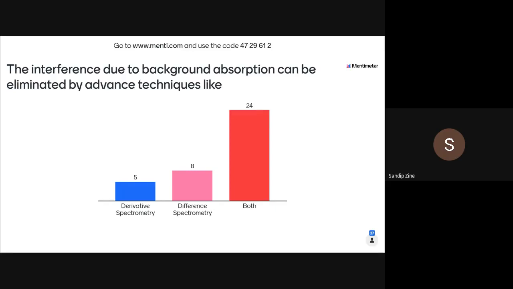So in derivative spectrometry, a mathematical derivative of the absorbance with respect to the wavelength of radiation is calculated by the instrument itself, isn't it? We are mentioning graphical output is absorbance versus wavelength, but when we go for the derivatized one, we will get a mathematical derivative of the absorbance with respect to the wavelength of radiation, and this is calculated by the instrument itself, by whatever software we are using, based on which kind of UV visible spectrophotometer we are using.